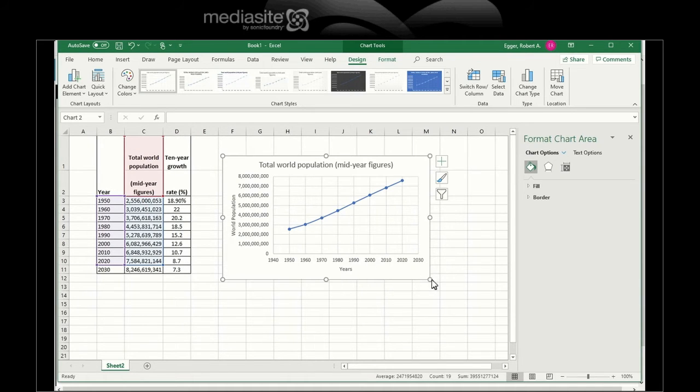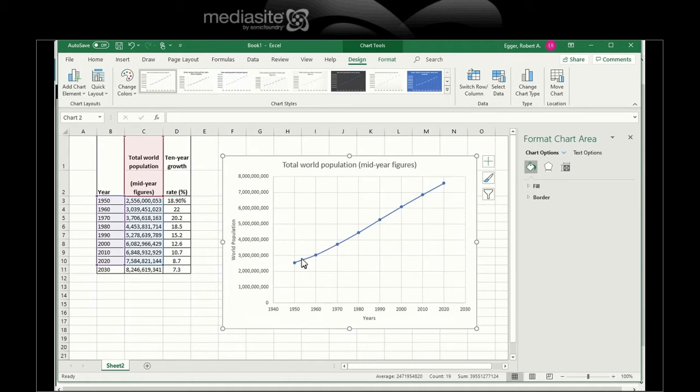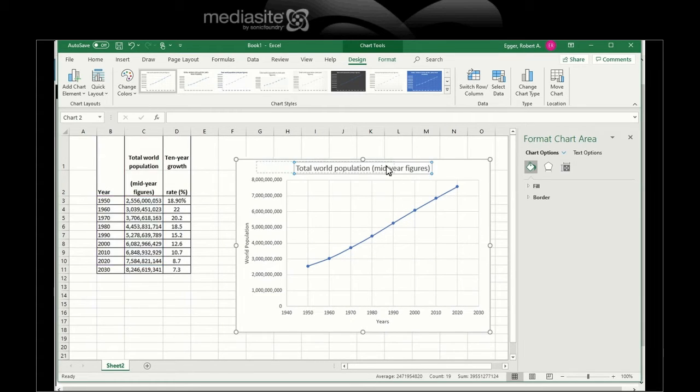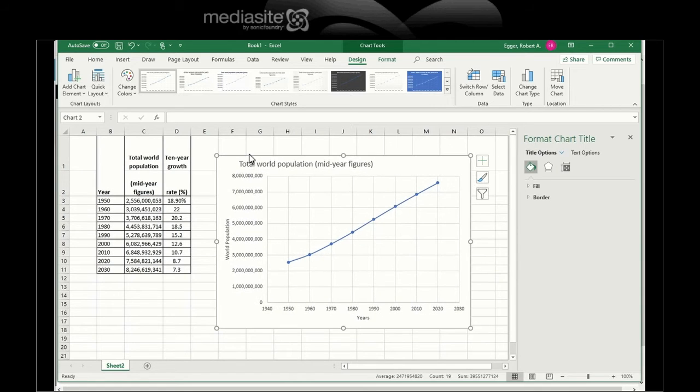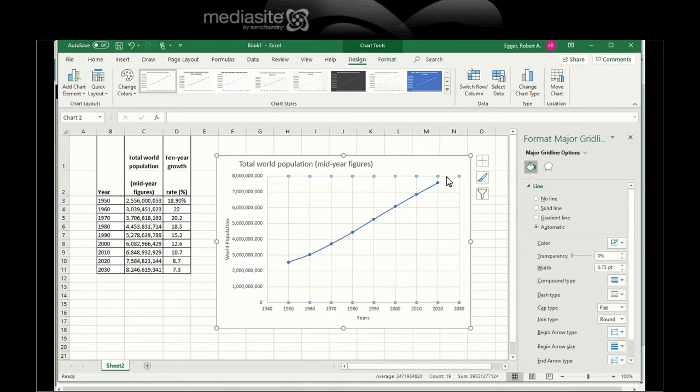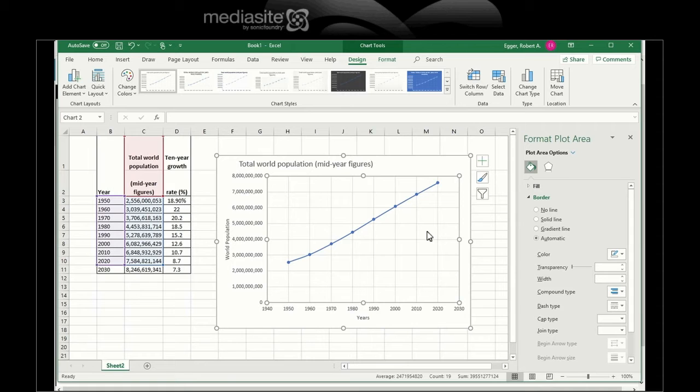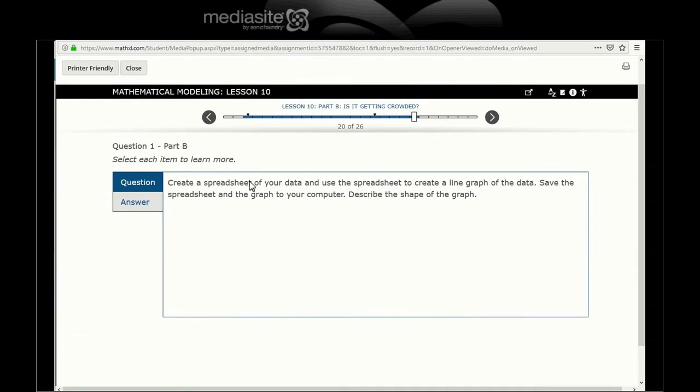Things to look at in this graph. Wow. I can see how there's a little bit of curvature here, straightens out, and I see it starting to bend down. So it may be flattening, who knows? So what do they want us to do here? Save the spreadsheet and graph to your computer, describe the shape of the graph.